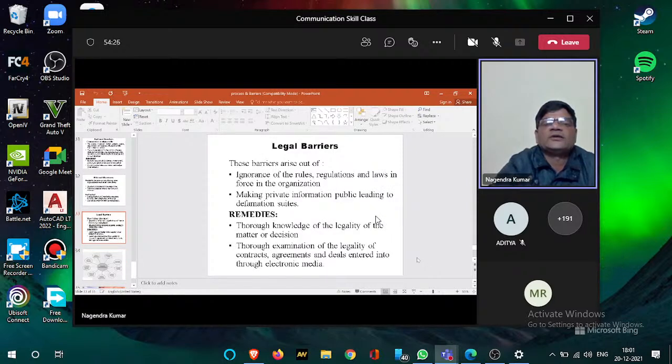Apart from that, sometimes you might run into legal barriers unknowingly, because you don't know what legalities are involved in a process. And mostly it happens that we make those pieces of information public which are supposed to be confidential and private.